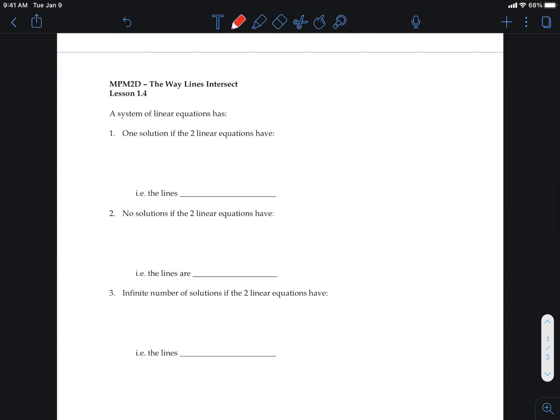So one solution if the linear equations have different slopes, which basically means the lines intersect somewhere. You're going to have no solutions if the two linear equations have what?